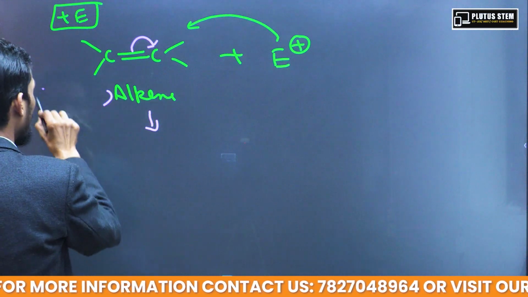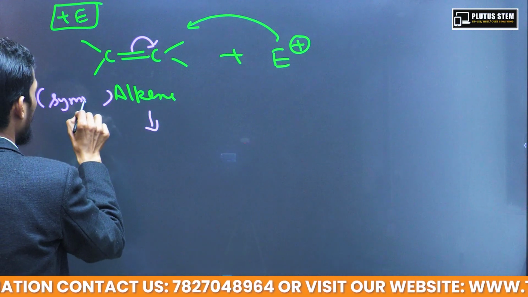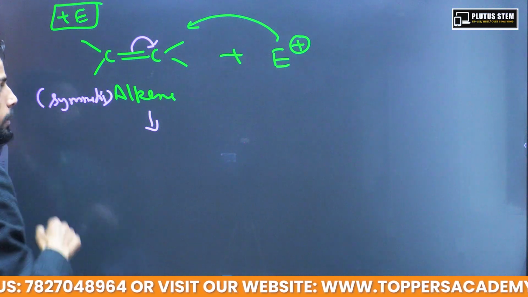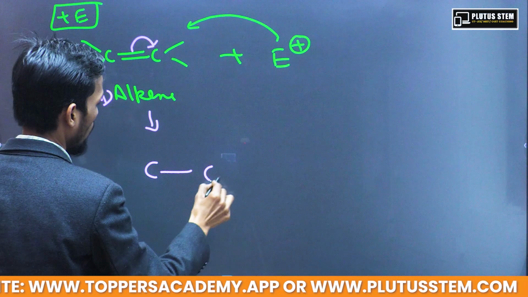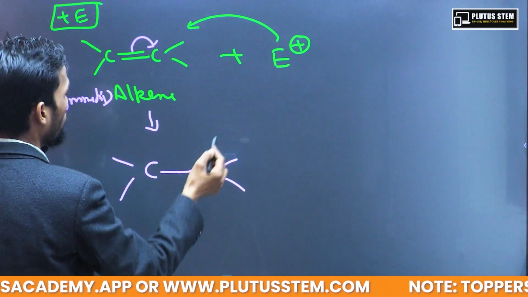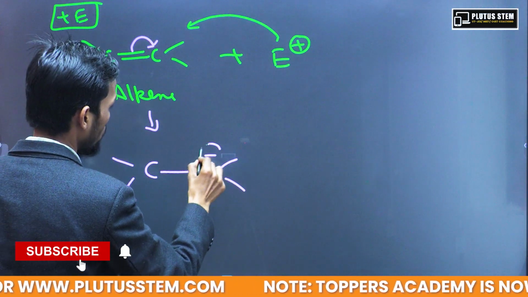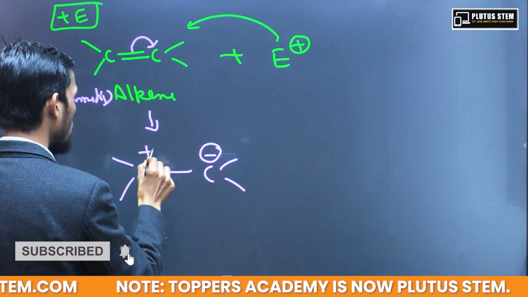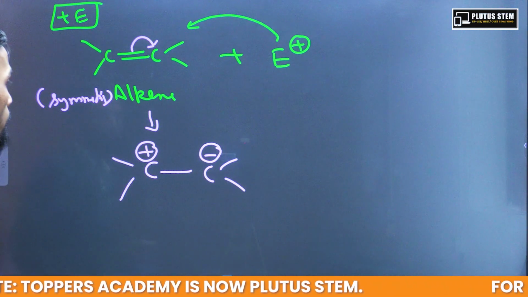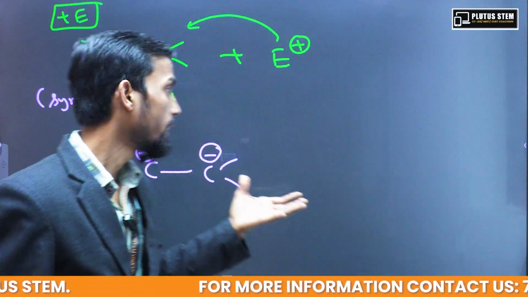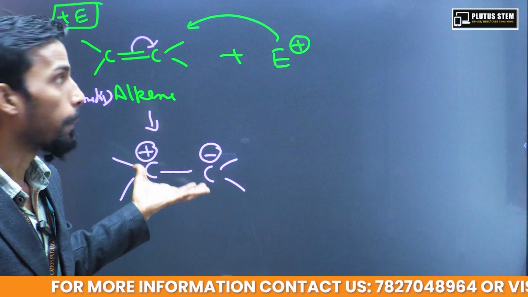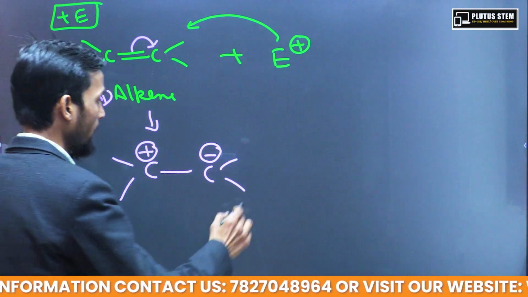Because this alkene is symmetric, it can move either way, this side or the other side. If it moves toward this carbon, this one will have a negative charge and this one will have a positive charge. This movement of electrons in presence of an electrophile is termed as plus E or plus electromeric effect.